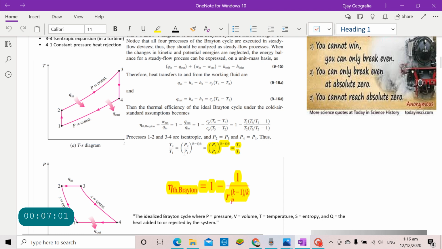So this is the thermal efficiency of the Brayton cycle under the cold air standard assumptions.